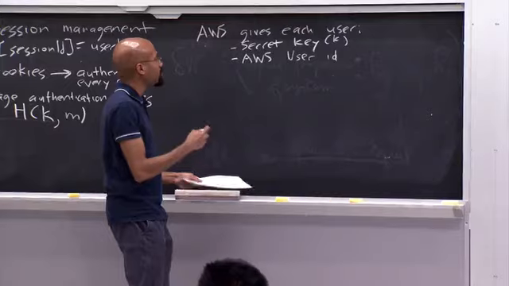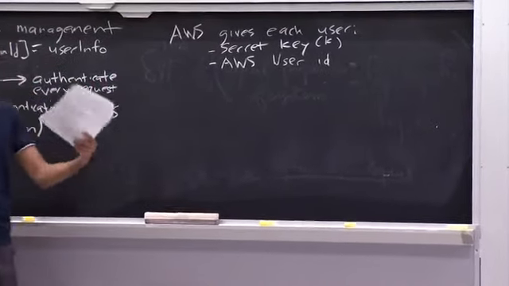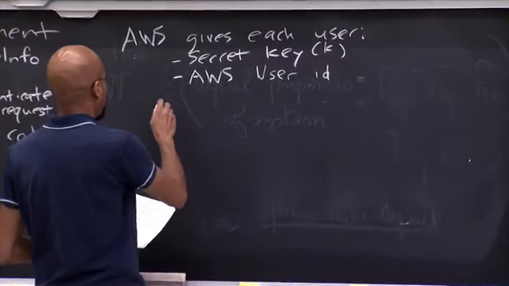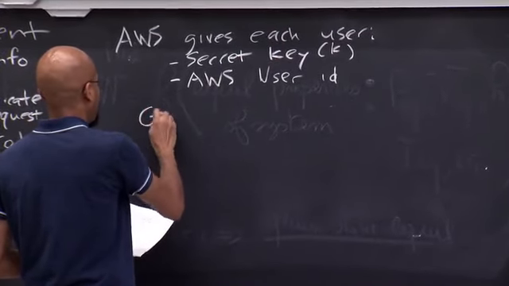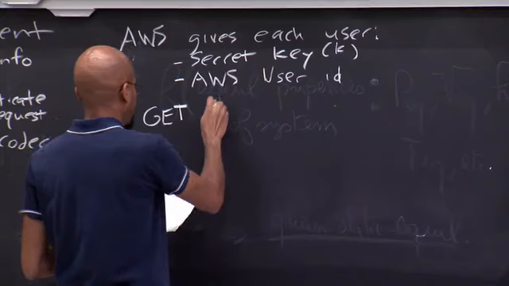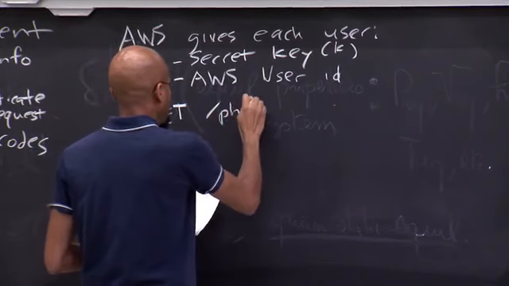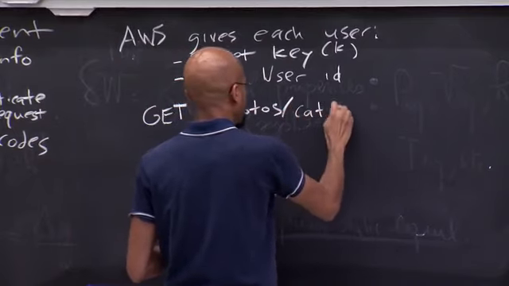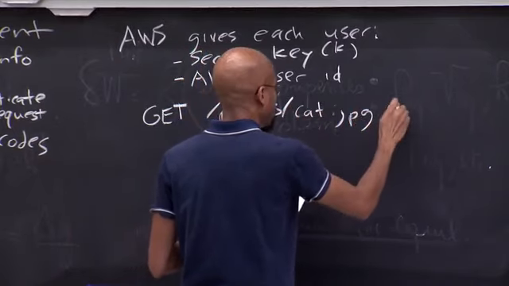And so every time you want to send a request to AWS via HTTP, you have to send it in this special format. You'll have the first line of the GET request, so you want to access some photos. No surprises here.